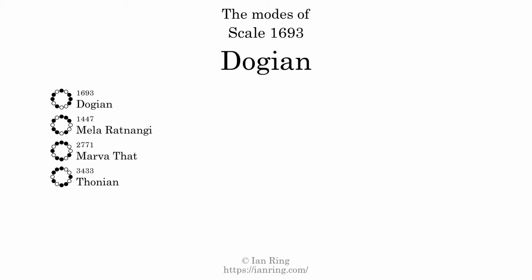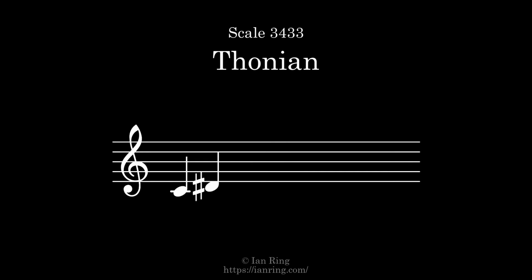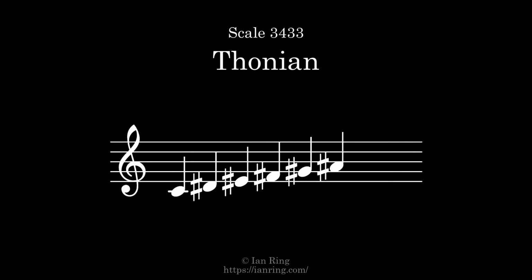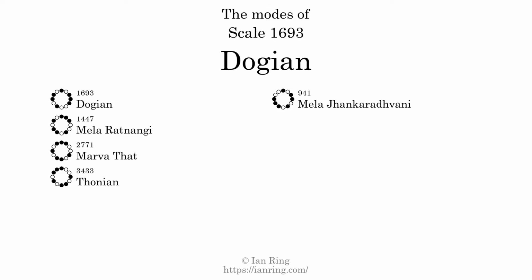The fourth mode is scale 3433, also known as Thonian. It sounds like this. The fifth mode is scale 941, also known as Mila-Jankarabani. It sounds like this.